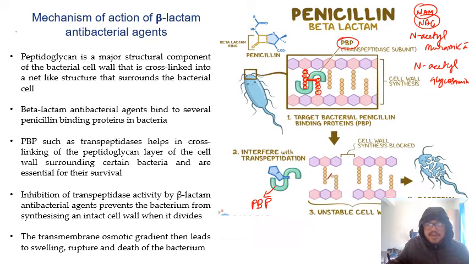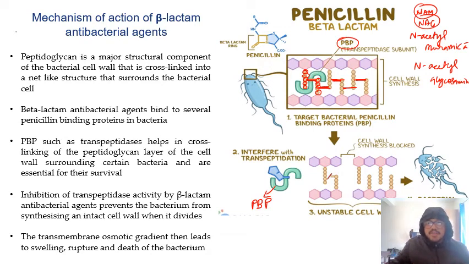It helps in the cross linking of the peptides, the transpeptides. Again here it will be cross linked by penicillin binding protein, again here, and again here. In this way the cell wall of the bacteria will be intact.